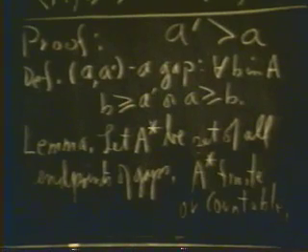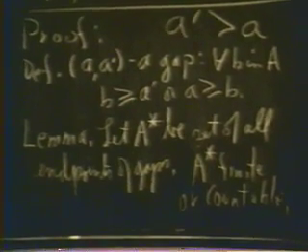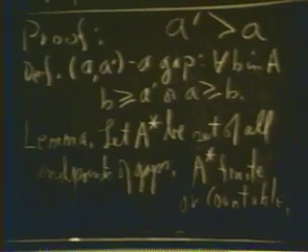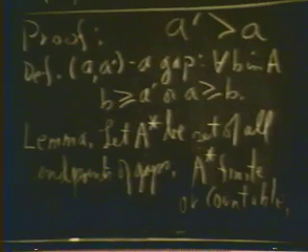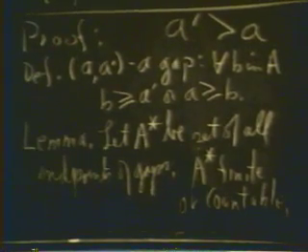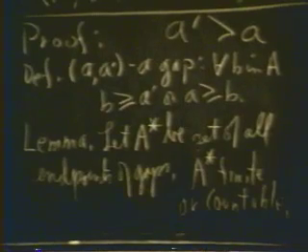And in terms of that now, we can characterize the following lemma that will be useful. Let A starred be the set of all endpoints of gaps. a and a prime are, of course, endpoints of gaps. The set A starred, under the hypothesis of theorem 2, is finite or countable. That's what we want to prove.